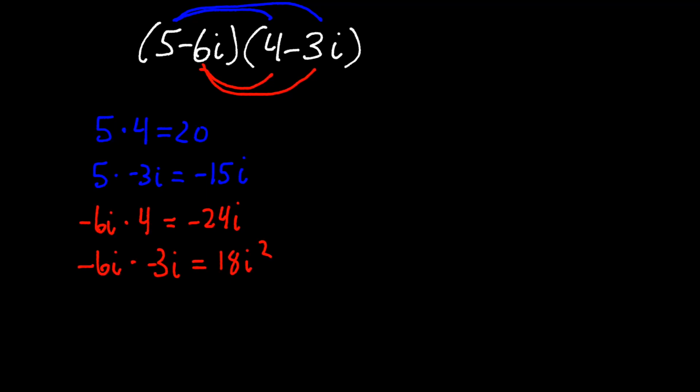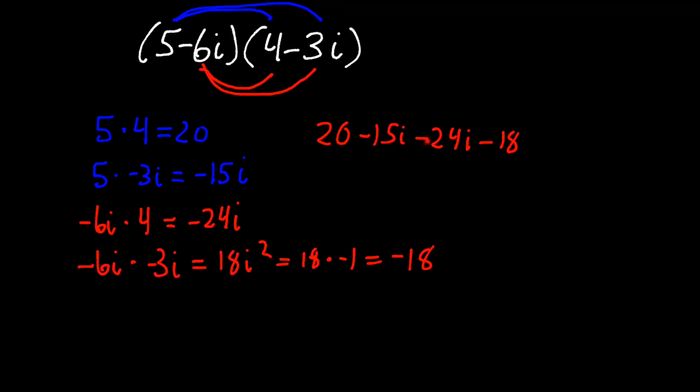And as we saw from the last example, 18i squared would be 18 times negative 1, so it is really a negative 18. So what do I have here? I have 20 minus 15i minus 24i minus 18. That's what I get when I distribute my complex numbers.